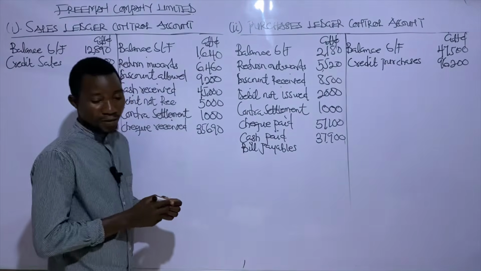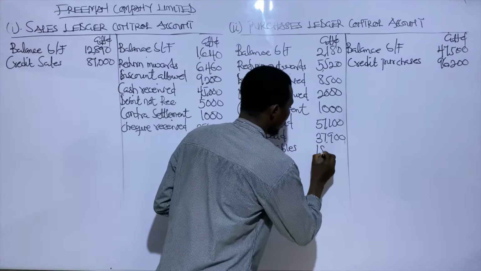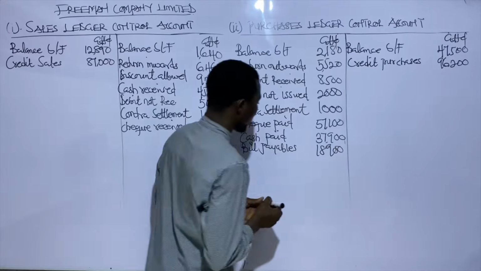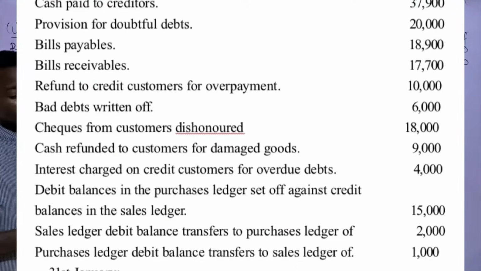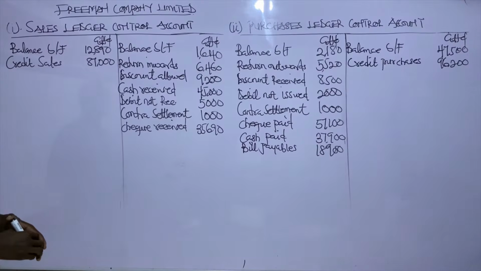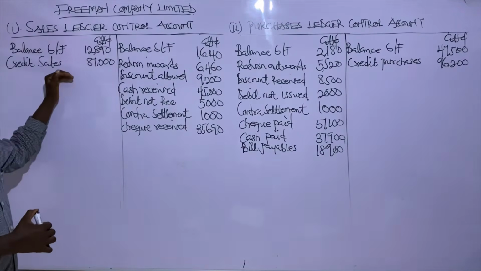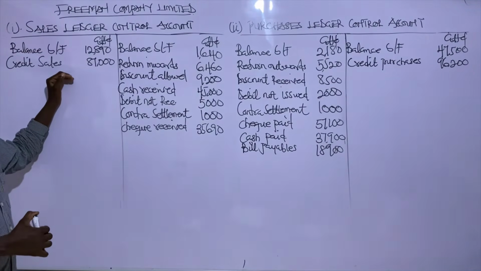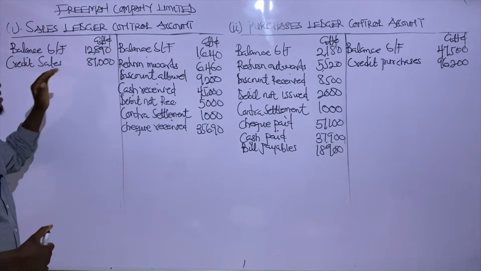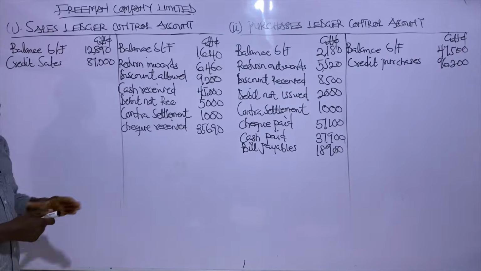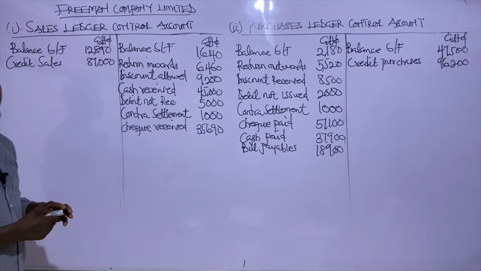And the amount from the question is 18,900. The next item is bill receivable. Bill receivable is a bill or a bill of exchange that is received from the debtors by the business. So it will reduce the debt that the debtors owe, so it will be recorded at the credit side.